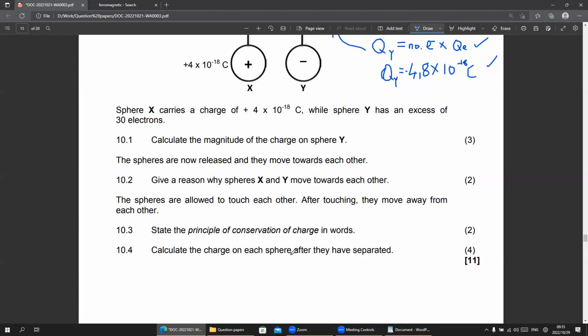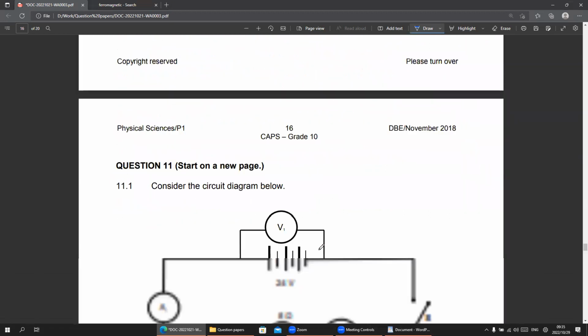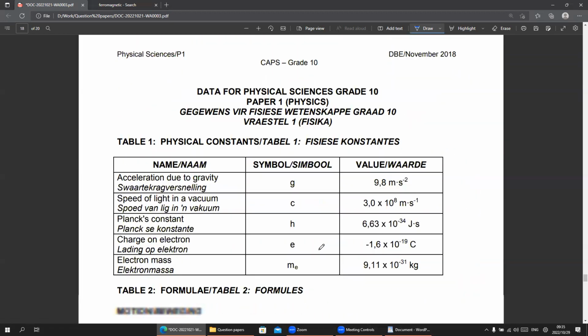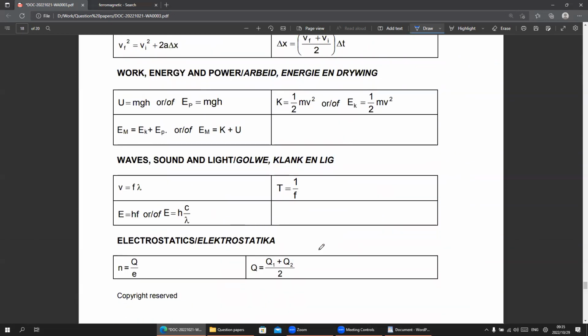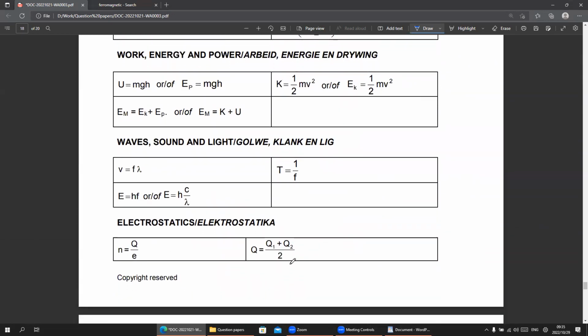And they say calculate the charge on each sphere after they have separated. What's that equation? You can just use this.